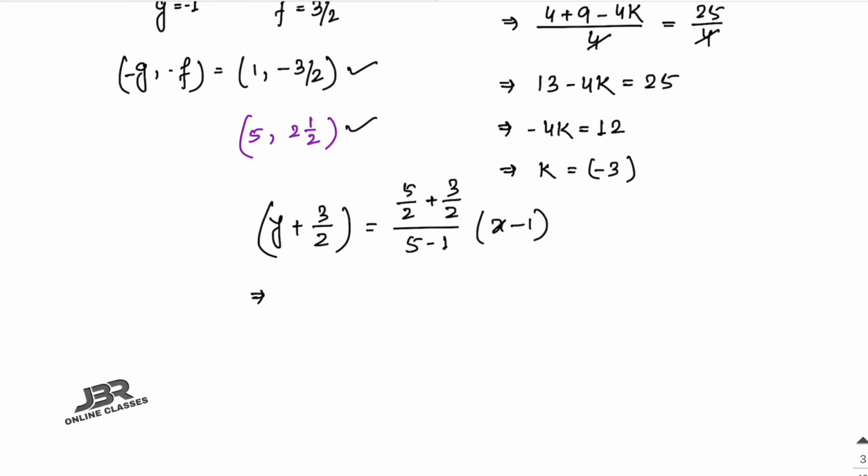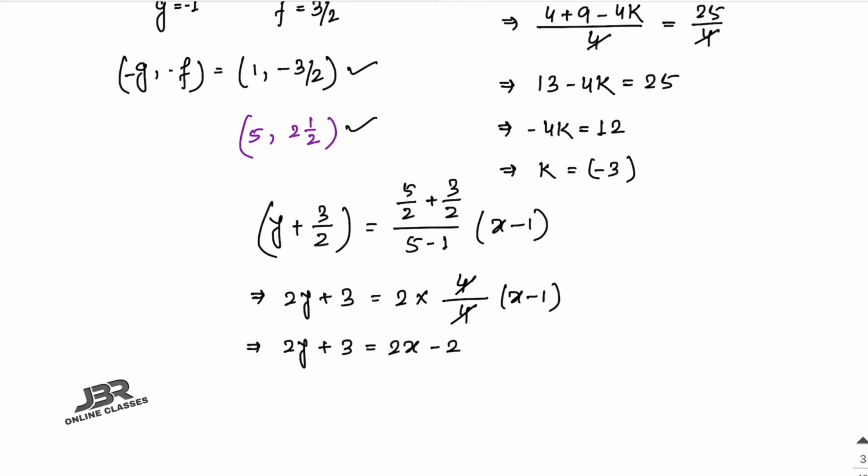So that becomes 2y plus 3, and 2 into 8 by 2 is 4, over 5 minus 1 is 4, then x minus 1. So the 4 cancels out, that means 2y plus 3 equals 2x minus 2. Okay, so you can write 2x minus 2y equals 5. That is your equation.